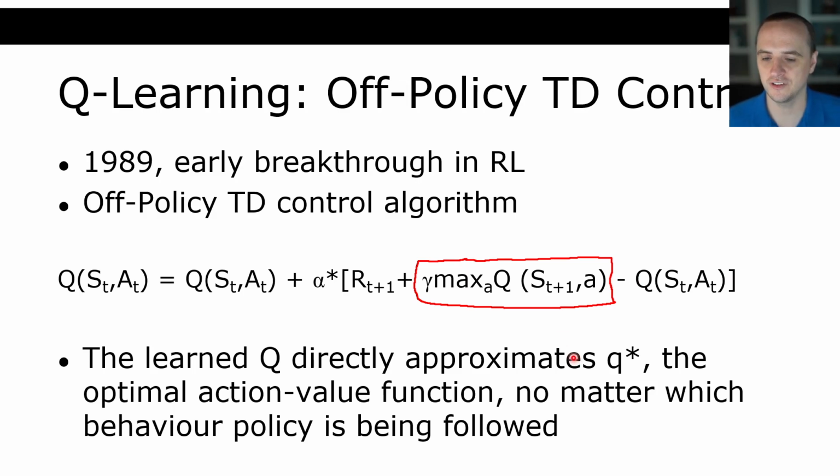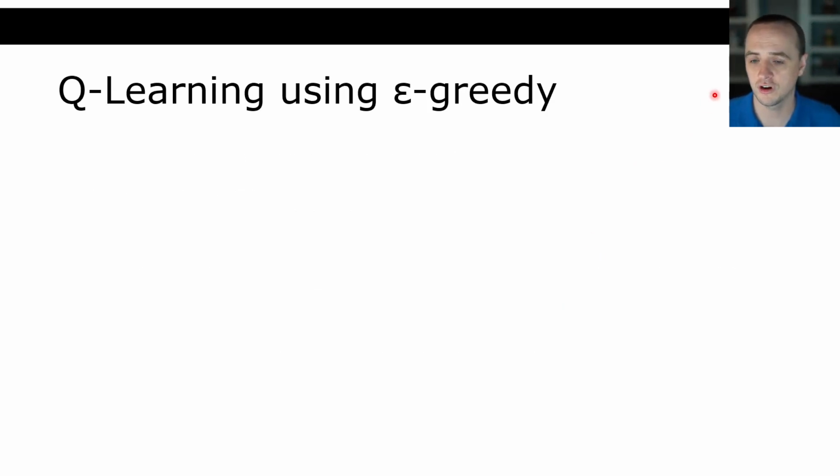This means we're no longer taking into account the randomized actions from epsilon greedy like we did with SARSA. We're choosing the best possible action we could have done at the next state, not whatever happened to be the next action. So Q-Learning using epsilon greedy is even easier, in my opinion, than SARSA.